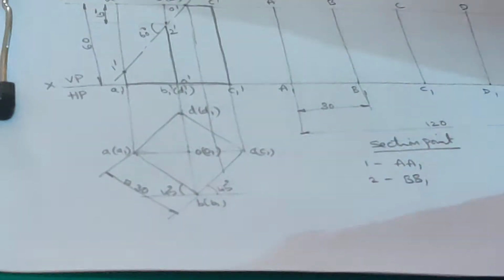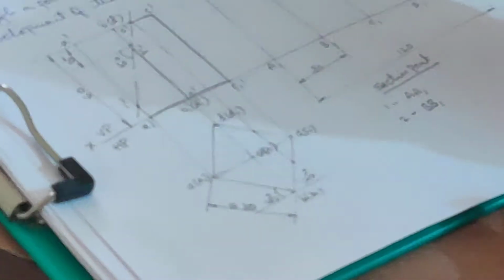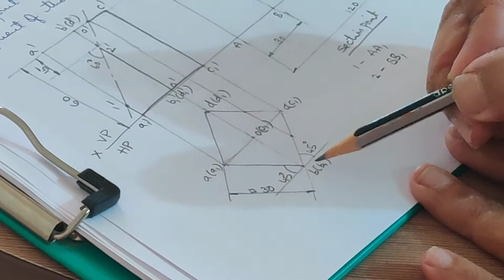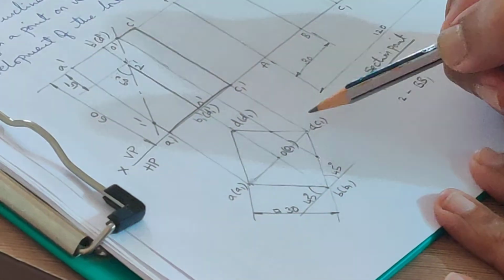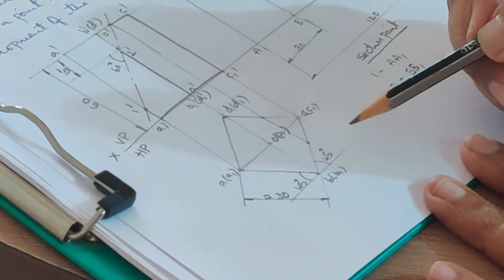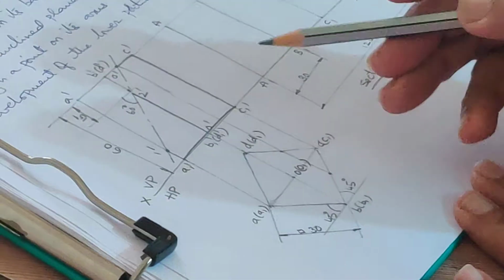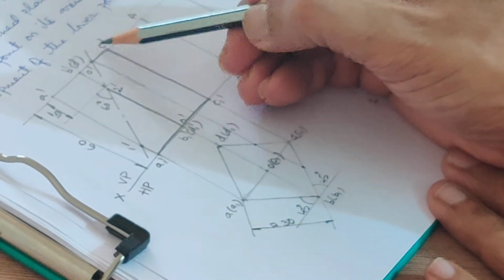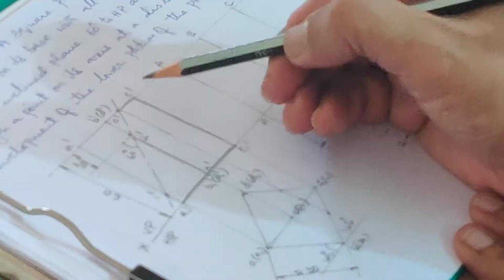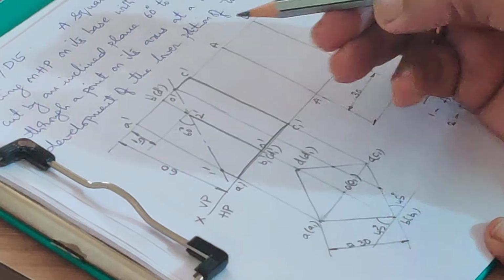When you project down, it will be cutting the base edges at two locations. Because it is the top face, it is BC and CD. It is cutting two base edges, BC and CD. Of that, you can see BC, it is a visible edge. CD is behind, so that is an invisible edge.